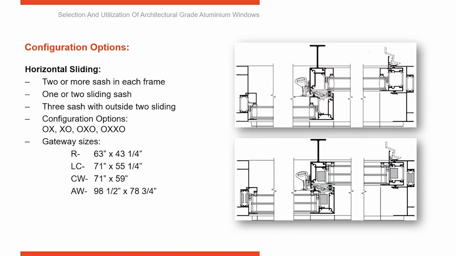So you can have an OX or an XO. You can have an OXO, OXXO, or XOX. So you can have a number of different configurations. With a horizontal slider, one frame, multiple sash set within it, and multiple units that slide, they're all called out by either an X or an O. Then we have our gateway sizes listed here at the bottom of that column.